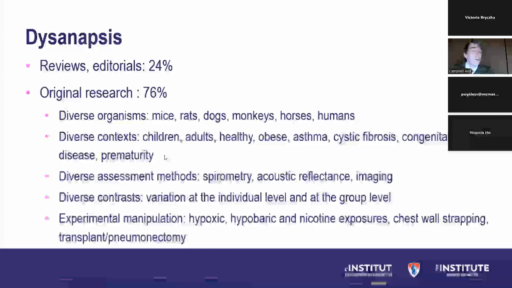People have used various tools to assess dysanapsis. And this is why I spent a fair amount of time on the original paper and their definition, because the concept is really a structural one. It's not always easy to assess the internal structure of a human or an animal. So people come up with alternate methods to assess, but it's always good to be mindful of what's being measured in reference to what the actual definition is.